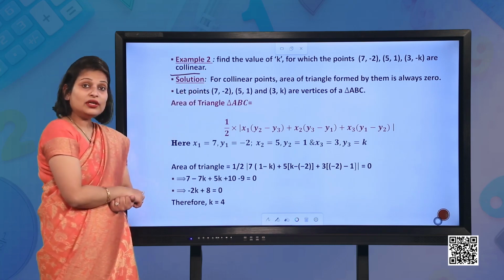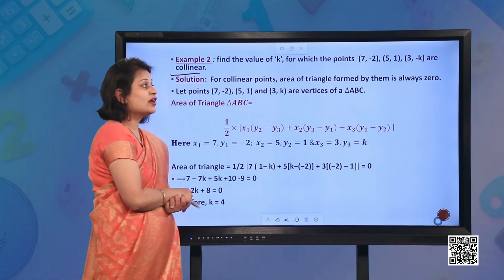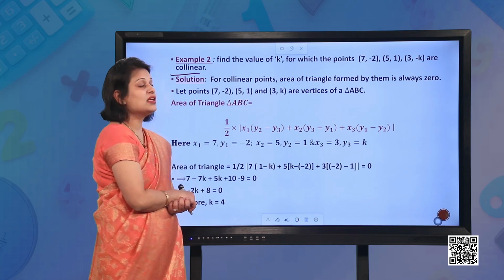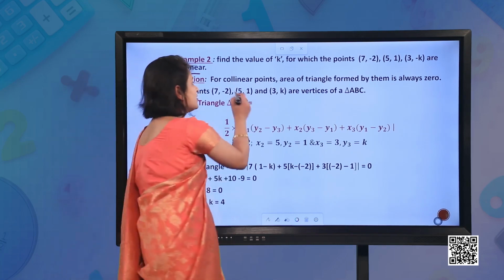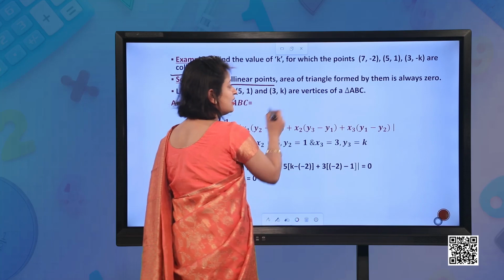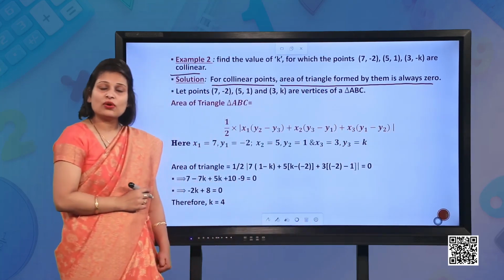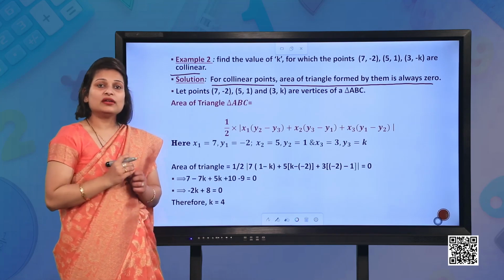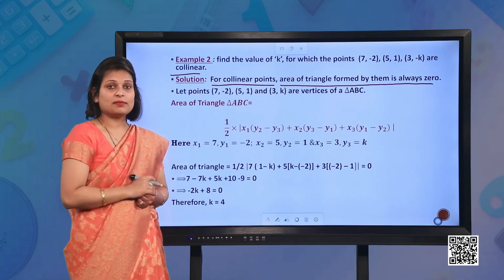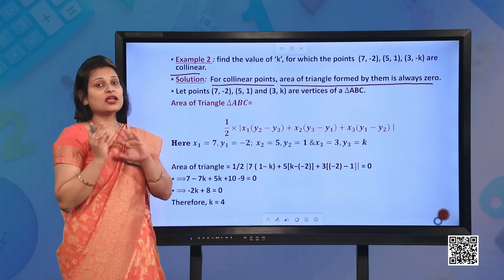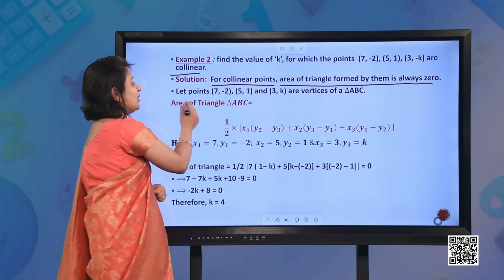For collinear points, area of triangle formed by them is always 0. Just remember this, for collinear points, area of triangle formed by them is always 0. Means you have to calculate the area by using these vertices, but you have to put that area equals to 0.